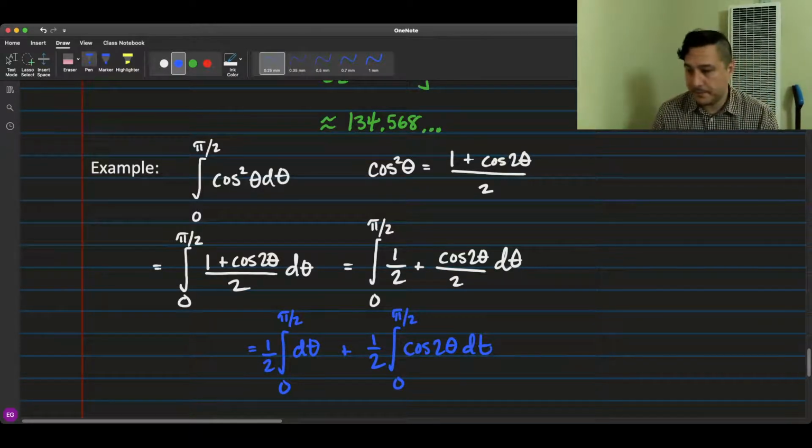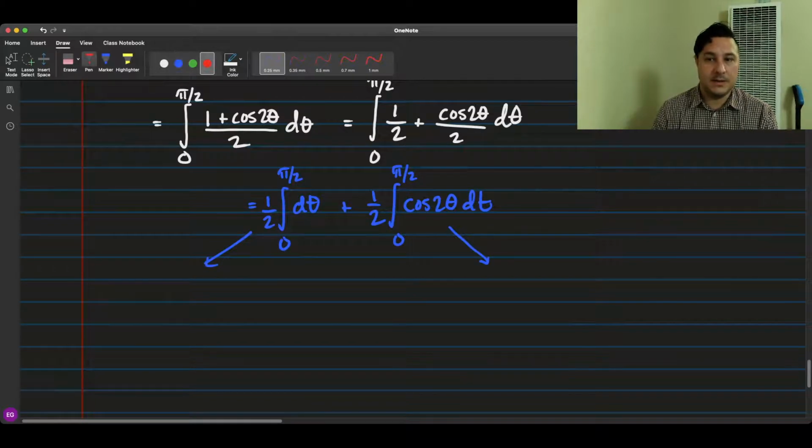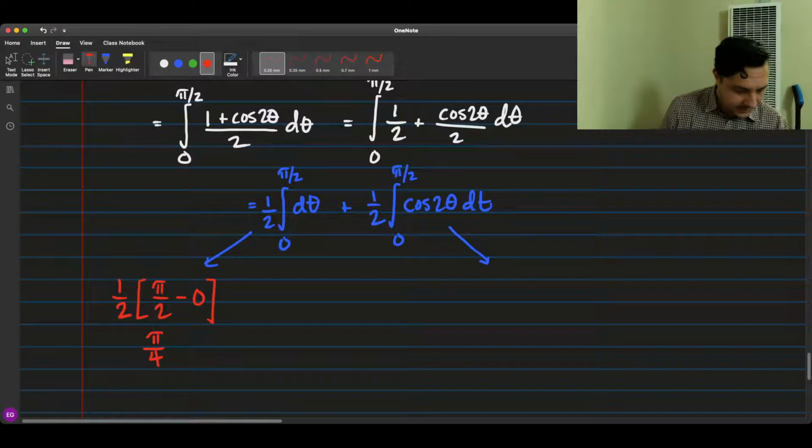Okay. So let's deal with these separately. We can right away solve the left integral. The antiderivative of d theta is theta. So you'll get 1/2 of pi over 2 minus 0, which will end up being pi over 4. Okay, that's easy enough to do.